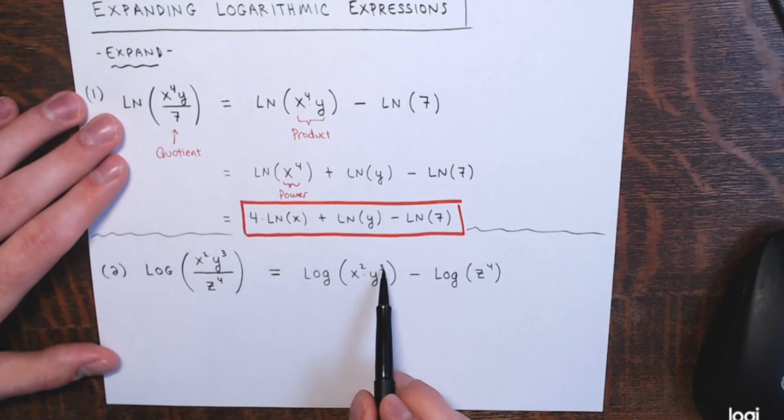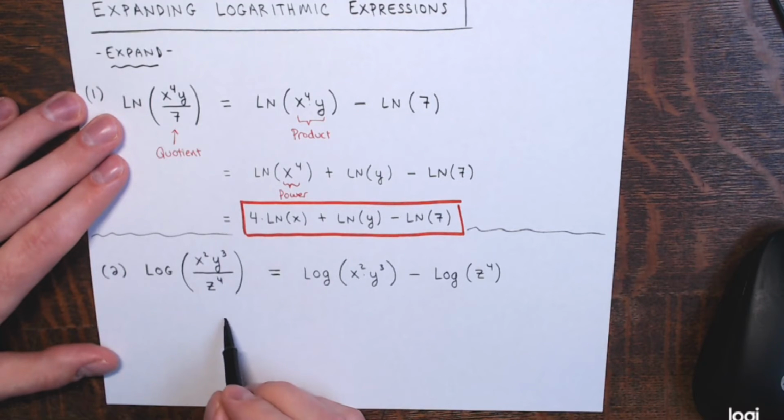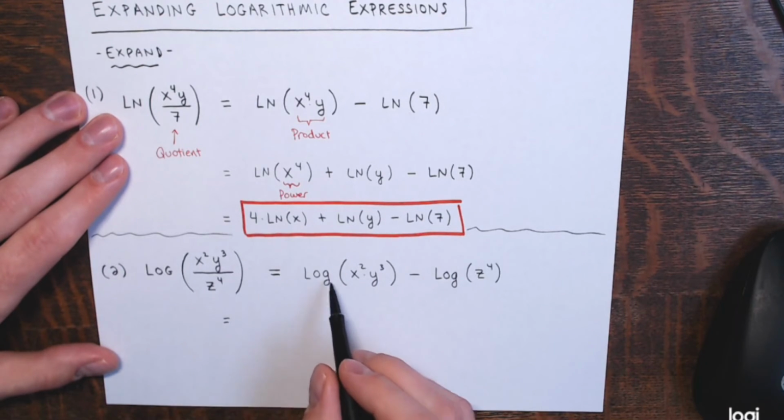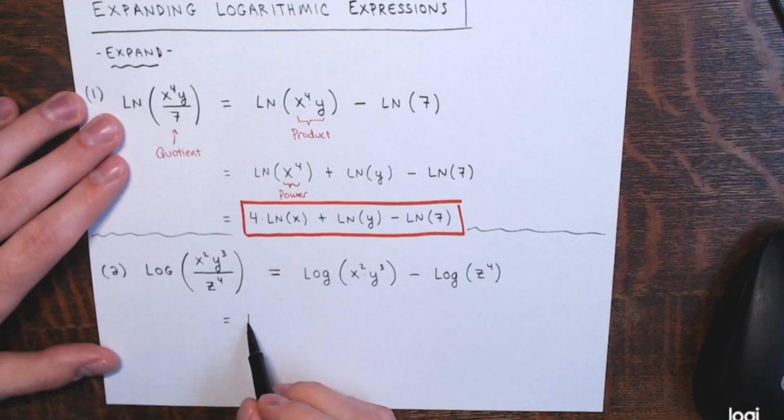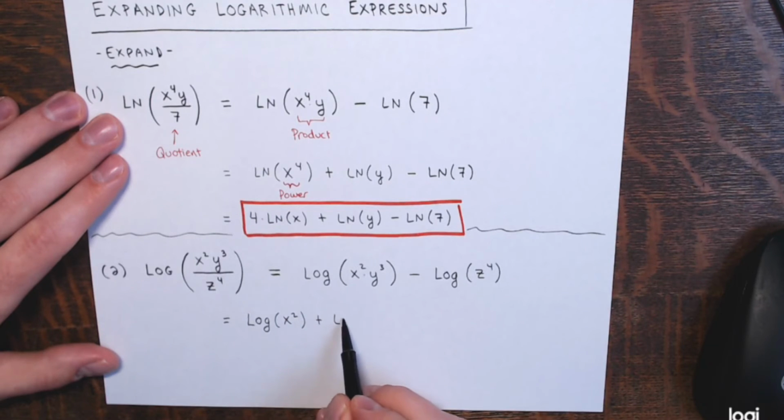Not everything in here is raised to the third. There's not just a single power that the whole thing is raised to. So I can't use the power rule here, but I can use the product rule. So this log of x squared times y cubed, I can rewrite as the log of x squared plus the log of y cubed.